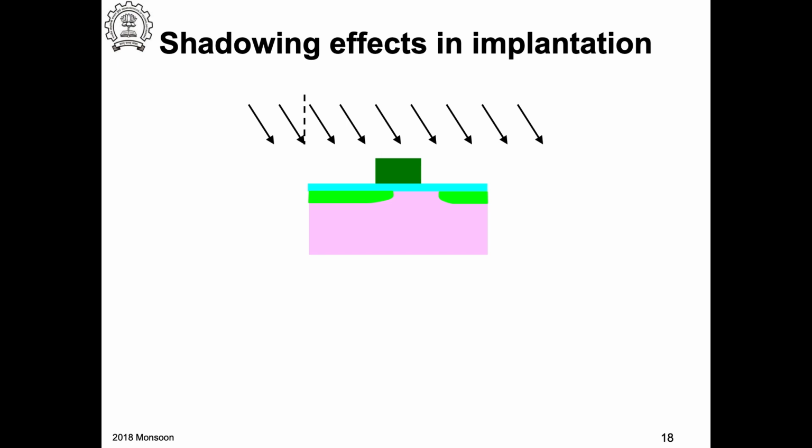Now if I make this MOSFET, let's say this is my source, this is the drain. Would this device work? This is source and this is drain.